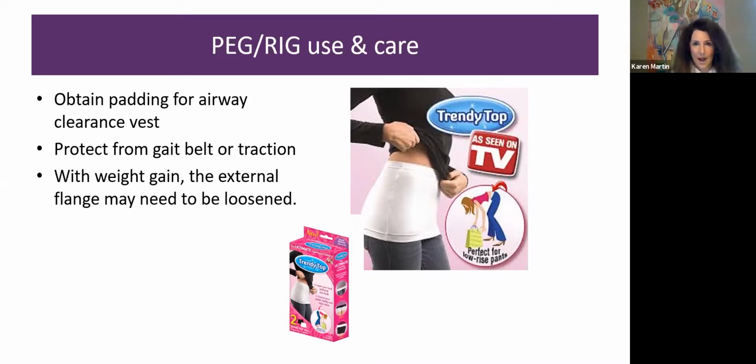This is something that I recommend, and again, I have no affiliation with the As Seen on TV Trendy Tops, and I don't know that they're part of that group anymore, but you can get these on Amazon or some of the websites.